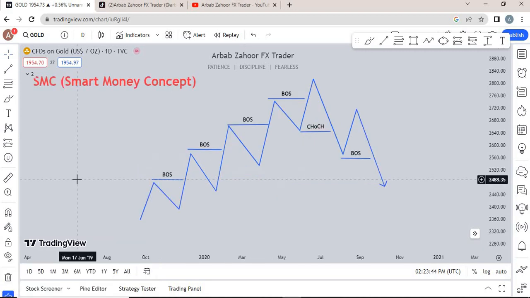Thank you. Now, coming to the smart money concept: smart money concept and ICT are not much different, because the same person who invented ICT also invented smart money, the father of the smart money concept. In smart money concept, when price makes higher highs and breaks the previous high to make a new high, it is called break of structure, and when the recent low is broken and a candle closes downside, it is called change of character.